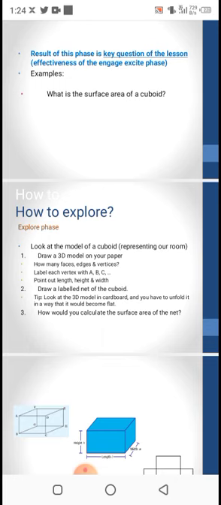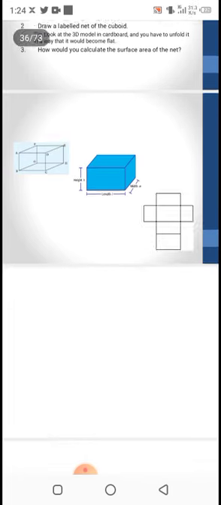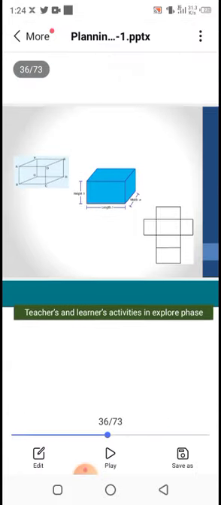Label each vertex with A, B, C. Point out length, height, width. Draw an elaborate net of the keyboard. Tip: look at the 3D model of a keyboard and unfold it. Those are activities which can help learners to explore in the lesson.